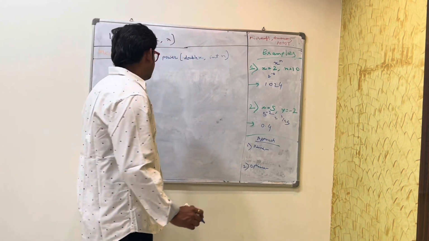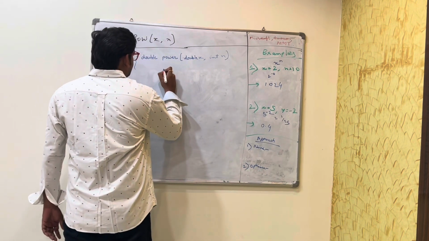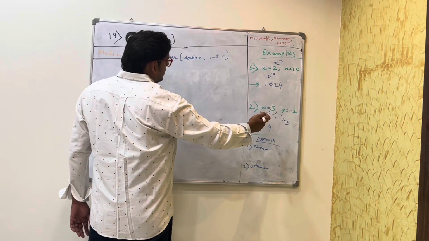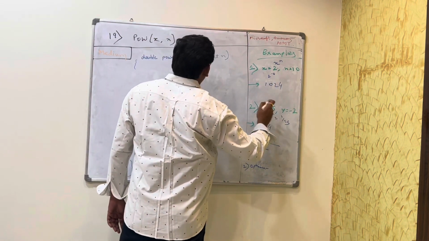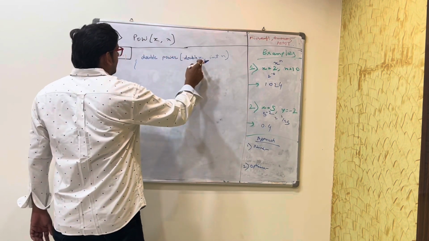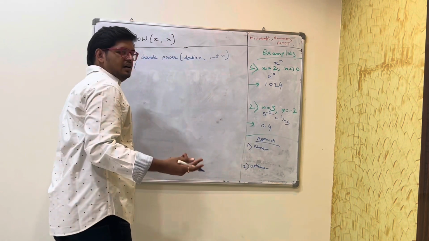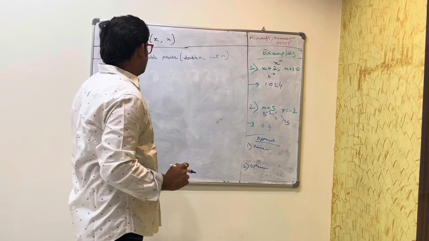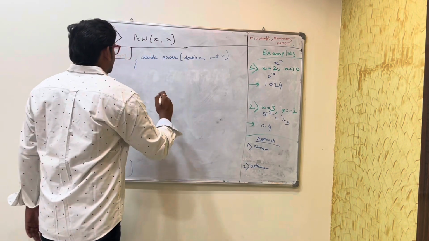It's very simple. Let's code it. It's not necessary that the number is an integer. It's 2.0 or 5.0, so we have taken a double x, n has to be an integer, and our return value will also be a double data type.